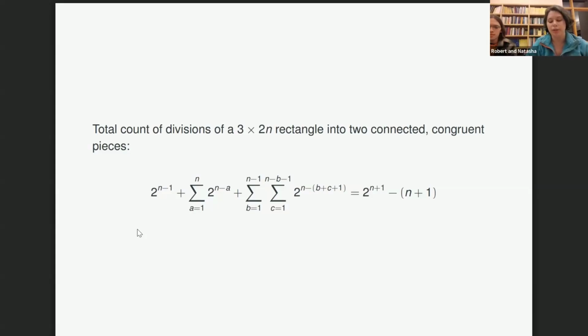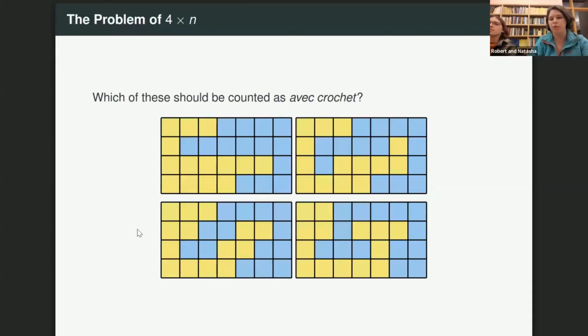And the reason that this does not extend to 4 times n is this question of what do we count as avec crochet? All of these examples have some kind of vertical overhang, but they're very different, and it's not easy to see how you would split it up into these cases.